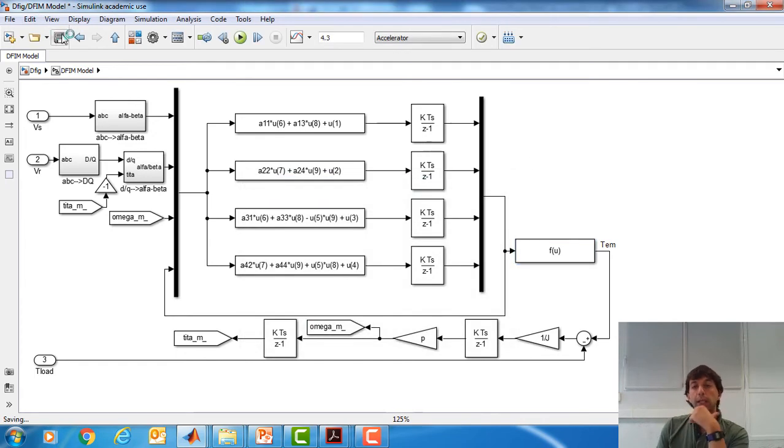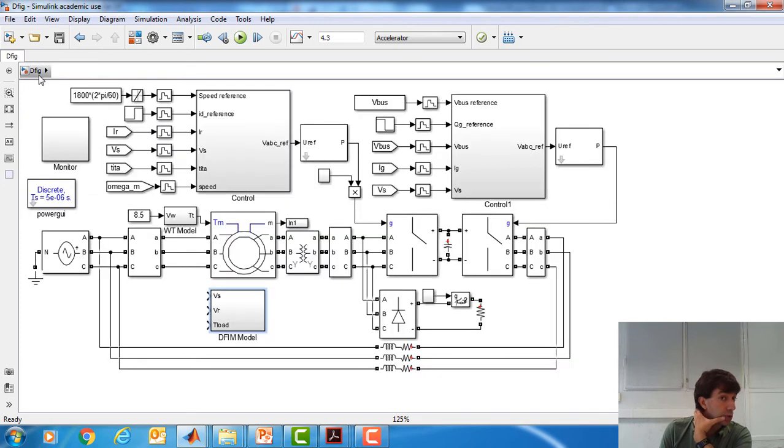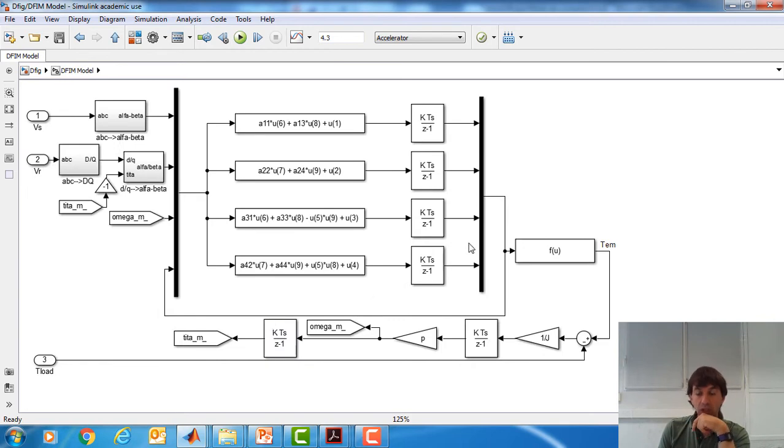And then what else do we need? Okay, if this is going to be one model substituting or equivalent to this one, we need rotor currents and we need stator currents. Stator currents must be calculated from the stator fluxes and rotor fluxes, which are here.